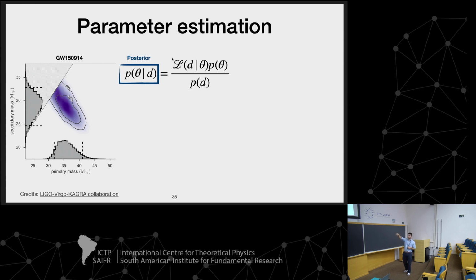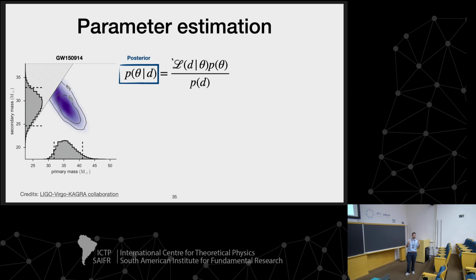What I'm plotting there is the primary mass distribution and the secondary mass distribution of the first gravitational wave signal. The contours basically highlight the joint probability distribution of the two masses. And the dashed lines that you see on the plot are marking the 90% credible interval.